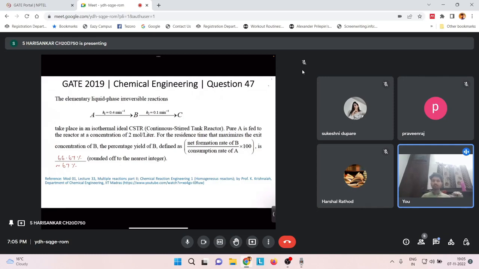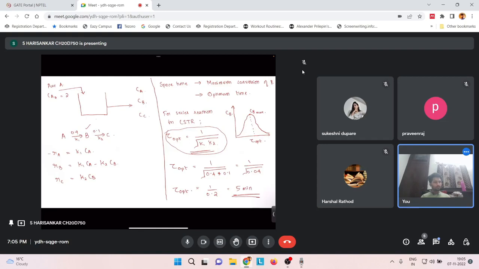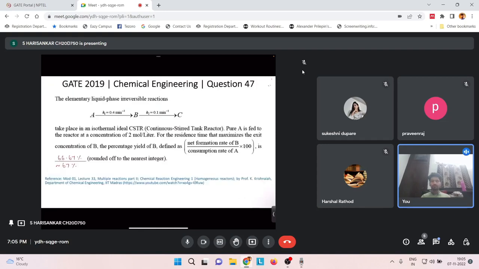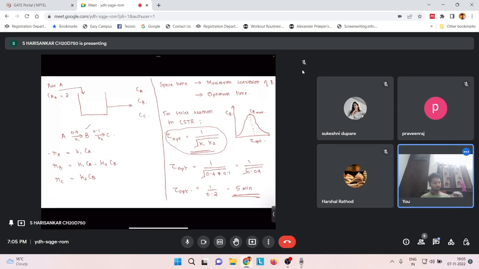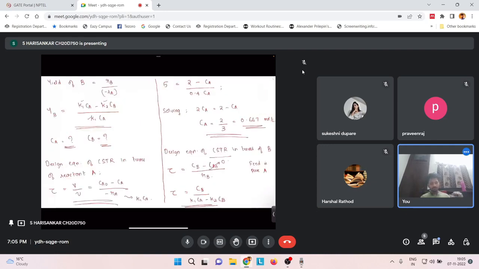Okay, is this clear? So basically what we did is, in this equation to find the yield of the product B, this was the formula K1 Ca minus K2 Cb by K1 Ca. Ca and Cb are unknown, and we need to use the design equation of CSTR in terms of reactant A and product B to find Ca and Cb.